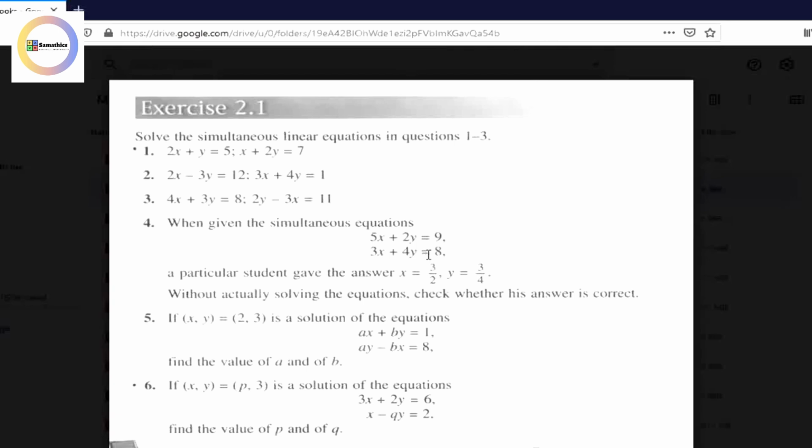So whenever you are doing checking, you don't have to solve the equations again. You just have to substitute the values. Now I'll do it on the board and then you will understand clearly. We have here two equations. It's question number 4.